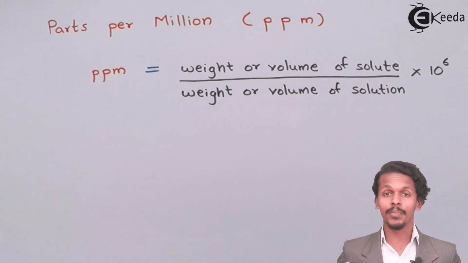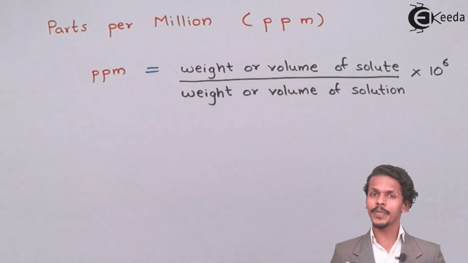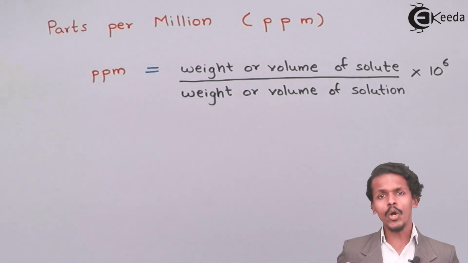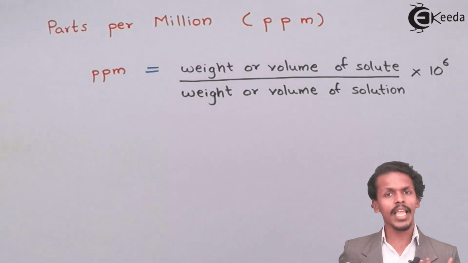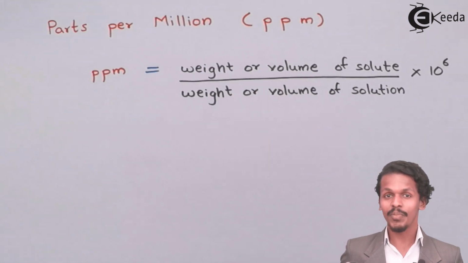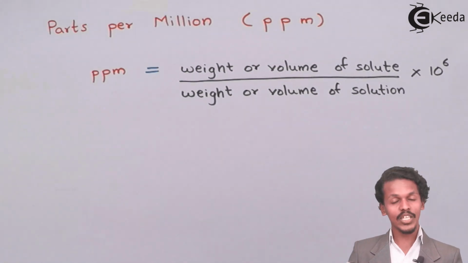Moving to the next one, parts per million. This unit is used for substances whose concentration is very low. For example, you cannot easily express the amount of oxygen present in seawater, as seawater contains 5.6 grams in 1 million liters of water, so we describe it in this way.